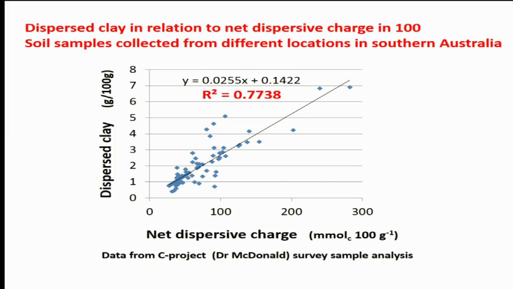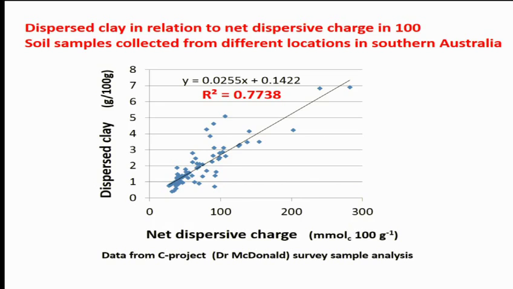Then he gave me the data: what will you do with this data on exchangeable cations? Immediately it occurred to me, why can't we do the dispersion test? So I did the dispersion test, and I dispersed the clay. The net dispersive charge was calculated on the basis of exchangeable cations and the soluble cations in the soil solution. The correlation was very high. The R-squared value was 0.77.